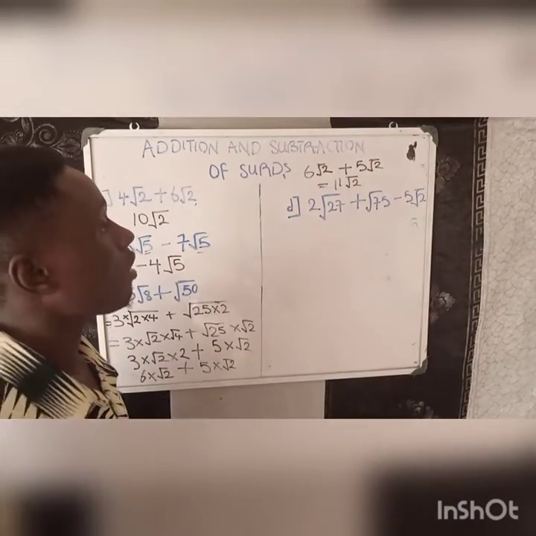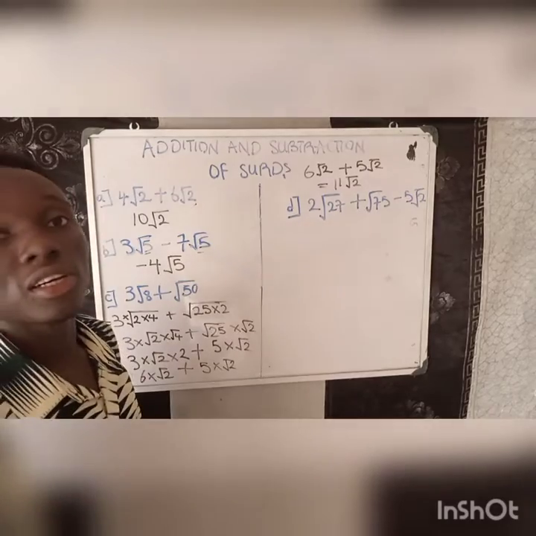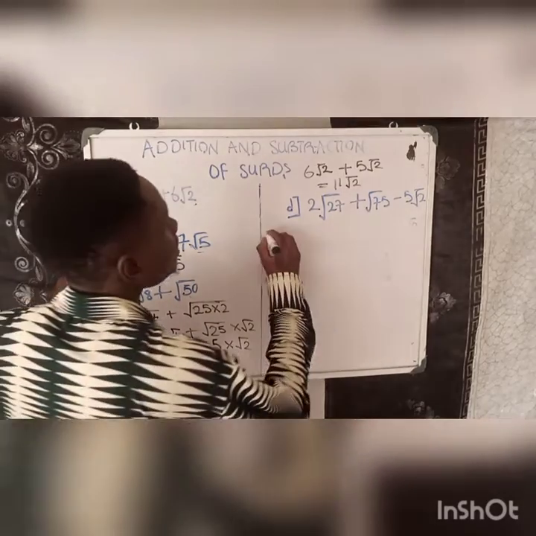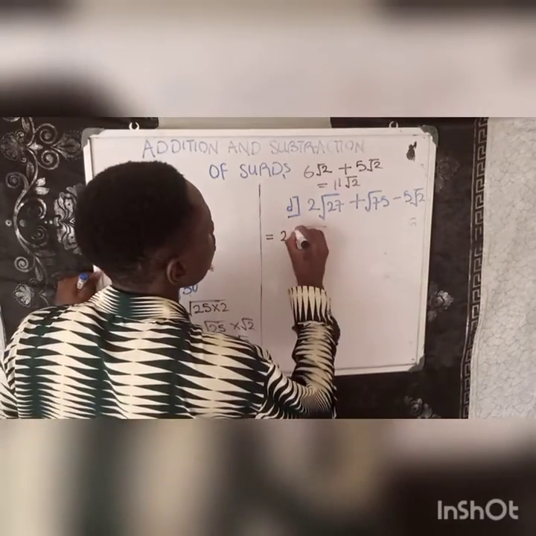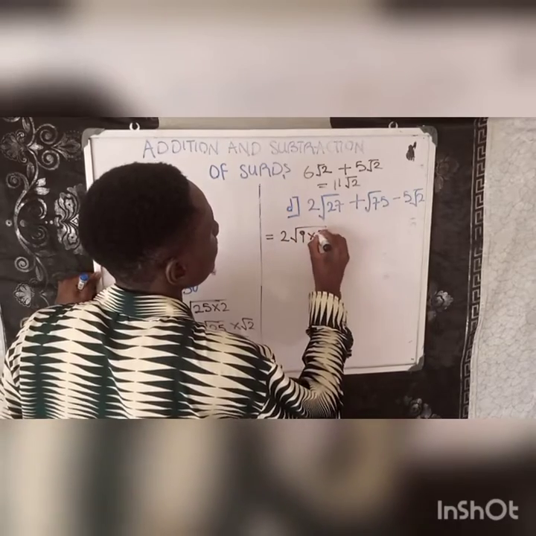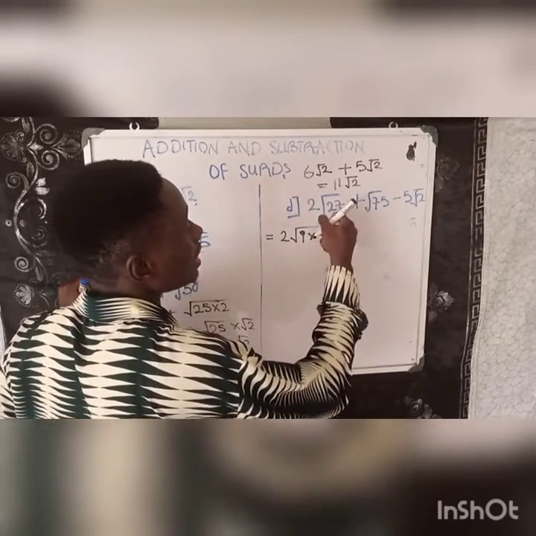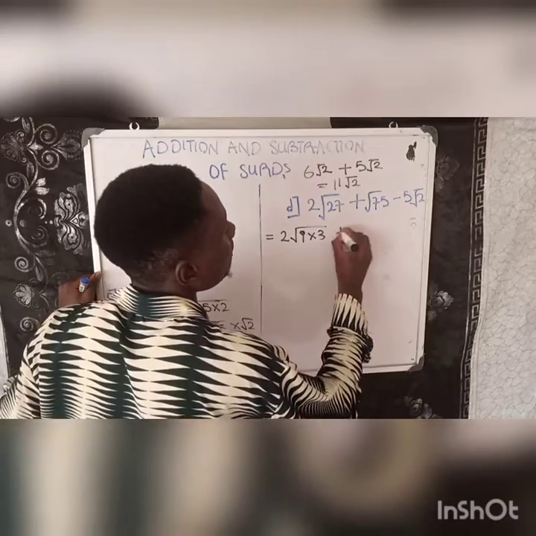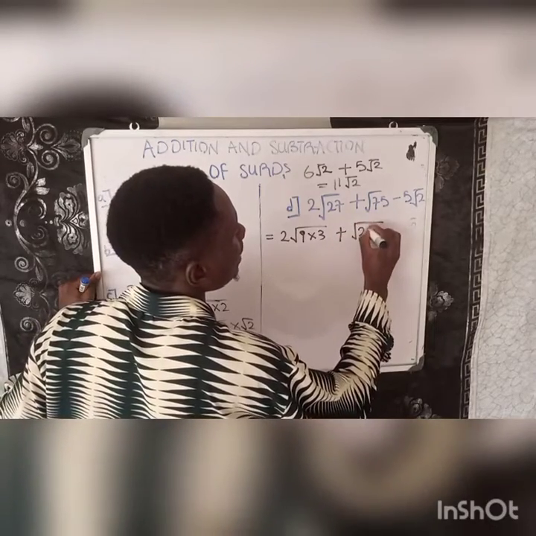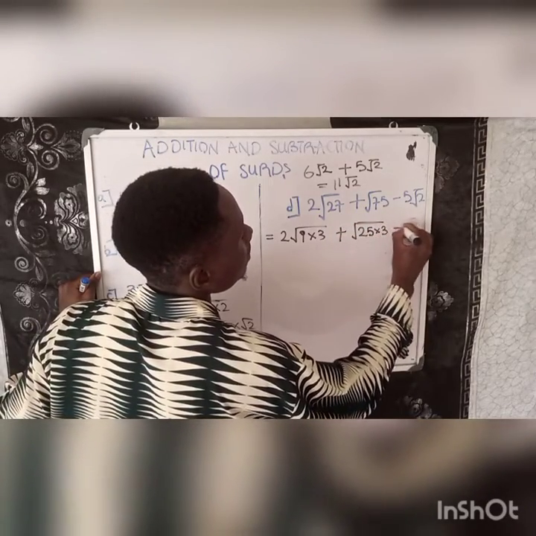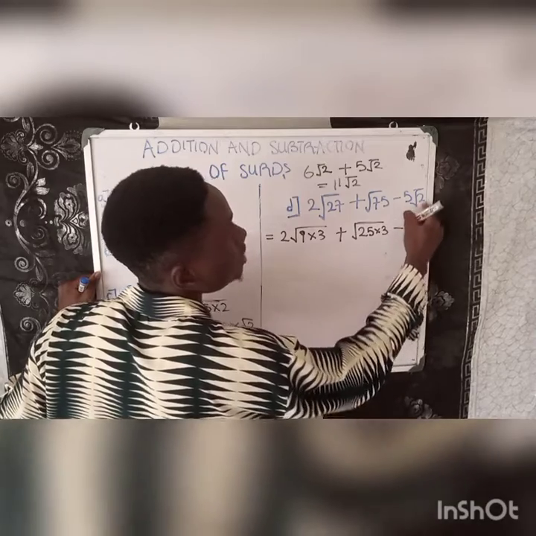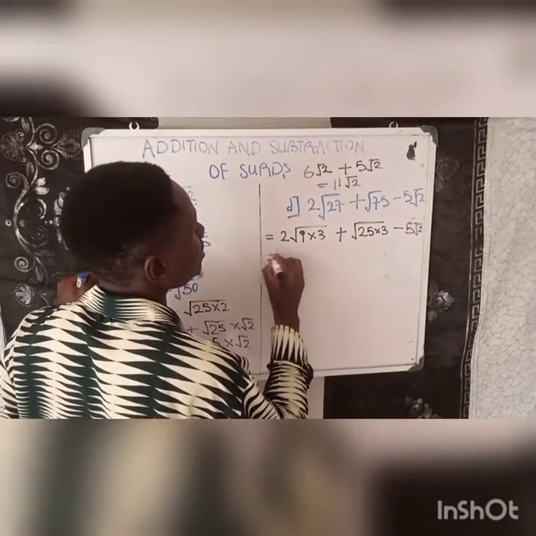Now this one is a combination of 3 surds. Let's solve. This is equal to 2 root of 9 times 3. 9 is a perfect square and it can divide 27, so we use it. Plus root of 25 times 3, minus 5 root 2. Root 2 is in its lowest form, so nothing can happen to it.